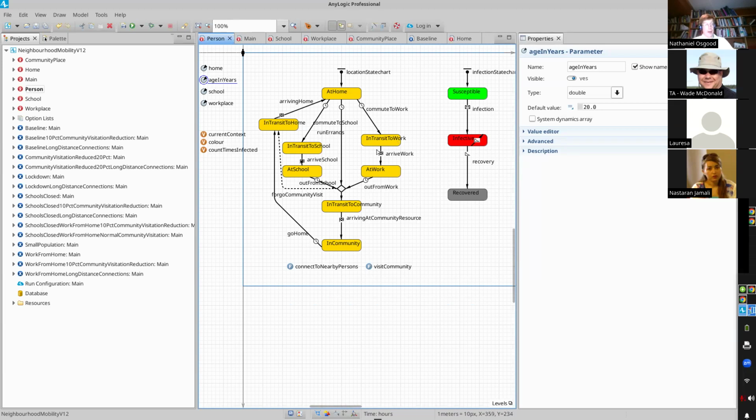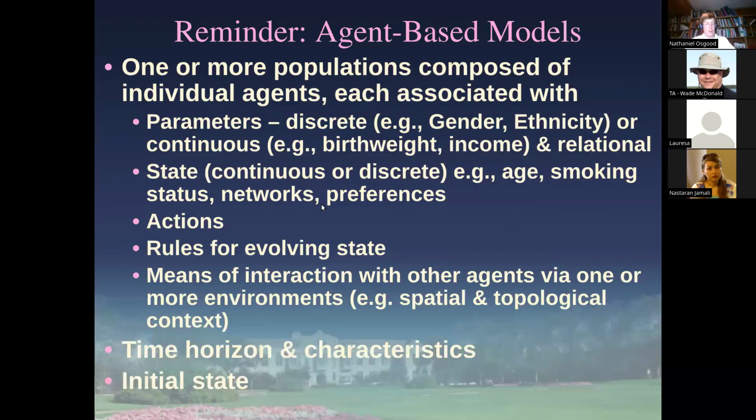There's a well-defined mathematics associated with transitions among these things that is quite precise in these 2-state charts. You can describe their relationship in a certain way in terms of the overall state of the person. So we have state, and it can be, in general, for an agent-based model, discrete or continuous.